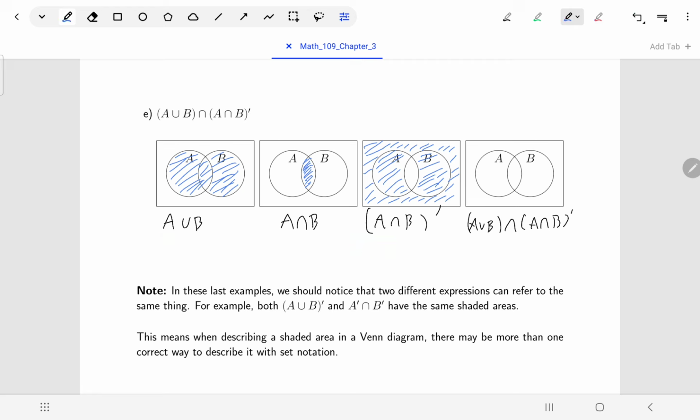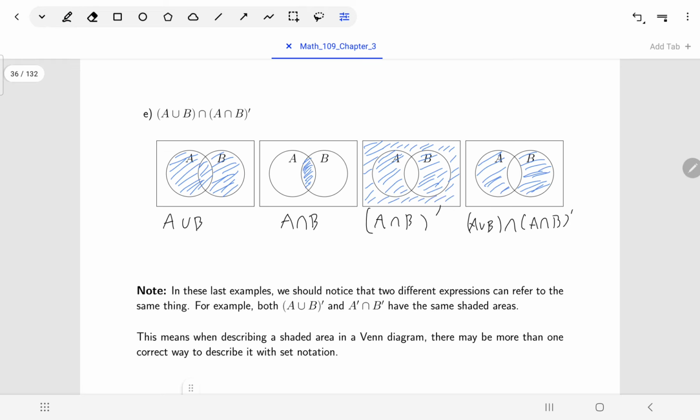And I'm noticing, number one, the middle didn't get shaded for both, so I will not be shading it. The exterior did not get shaded for both, so I will not be shading it. However, only A, that got shaded in both my diagrams, so the only A part will get shaded here. And the only B got shaded in both diagrams, so only B will get shaded here as well.